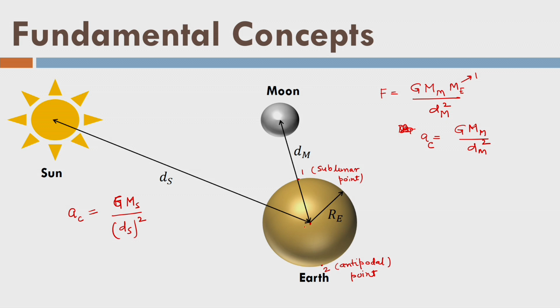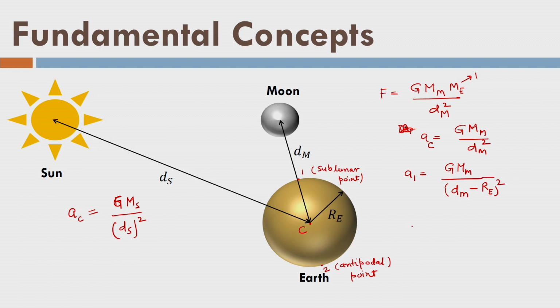And if I just say there is a center C here, compared to the center, the point 1 should have higher acceleration and point 2 should have lower acceleration, fine. So can I write the acceleration at point 1, which is sublunar point, as G Mm divided by (dm minus RE) square.